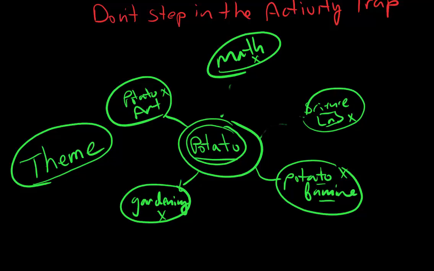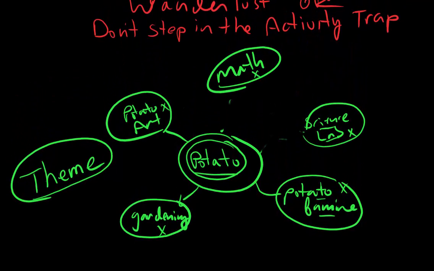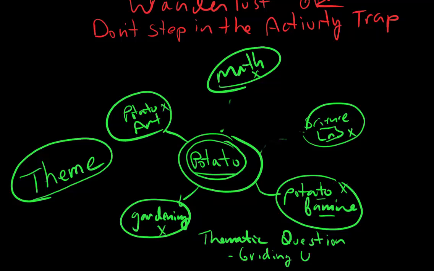And so as we brainstormed, they were struggling, and we were trying to figure out why. What we realized is there was no thematic question. And without the thematic question, they didn't have any guiding questions. Think back to pedagogy, or think about what Knight says in pedagogy, and he talks about the activity trap. They fell into the activity trap, or they had interdisciplinary wanderlust.